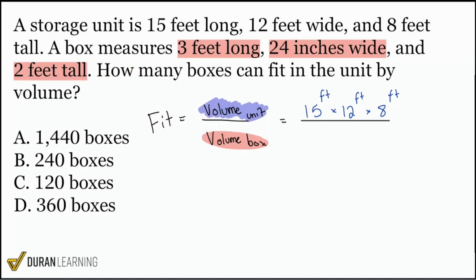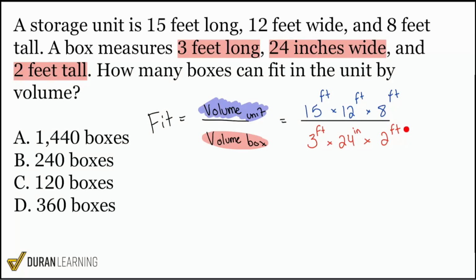I'm going to write everything down again. 3 feet long, 24 inches wide, and then 2 feet tall again. Everyone, do we see the elephant in the room? Do we see the massive problem? I hope we do. Notice how we have feet, feet, and feet. Perfect. Then we have feet, inches, and feet.